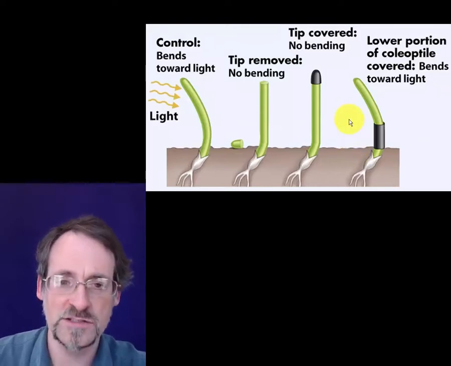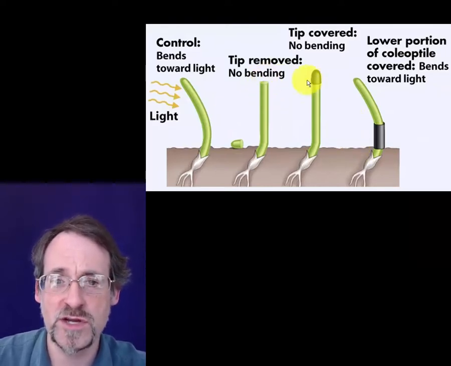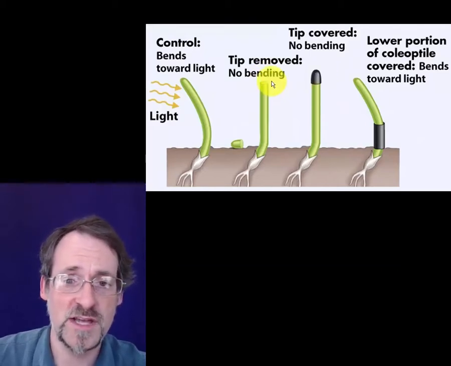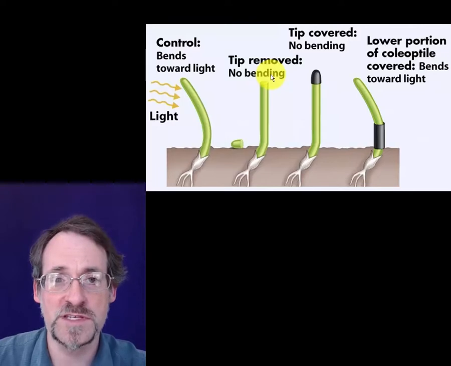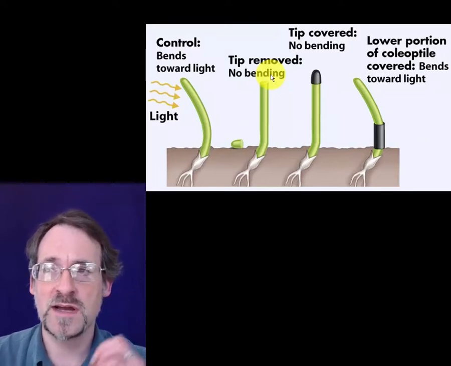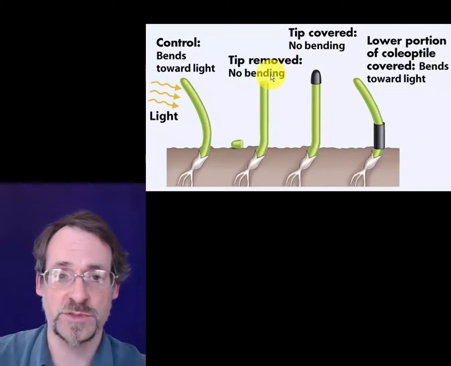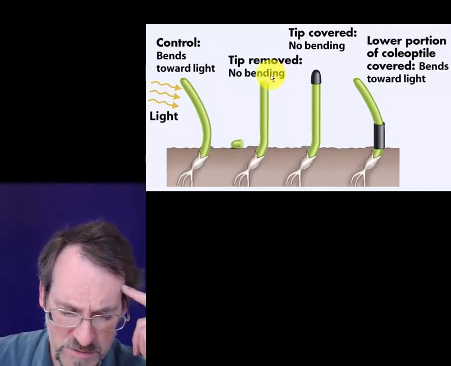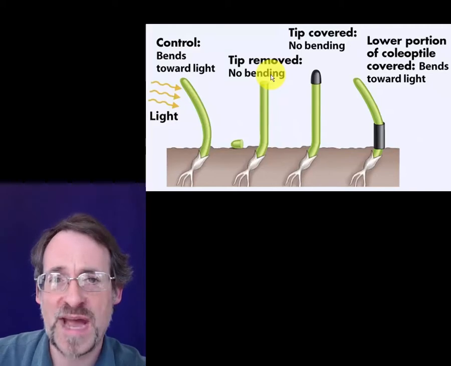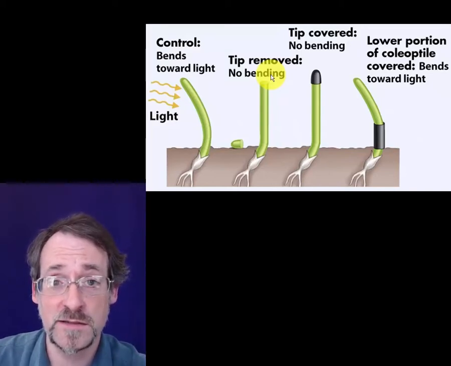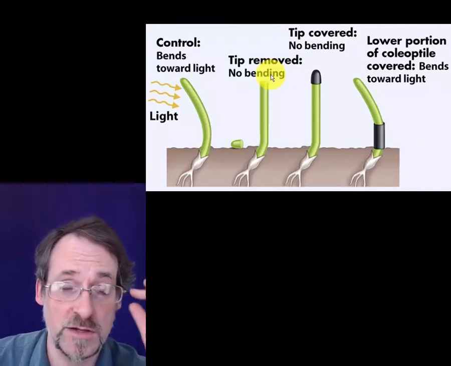So what Charles and Francis reasoned, there must be something going on up here at the tip of the coleoptile. Somehow, the tip of this grass plant is sensing light and responding in a way that bends the whole shoot. They also found that if you pass light through certain filters, filters that remove blue light, the coleoptile doesn't bend at all.